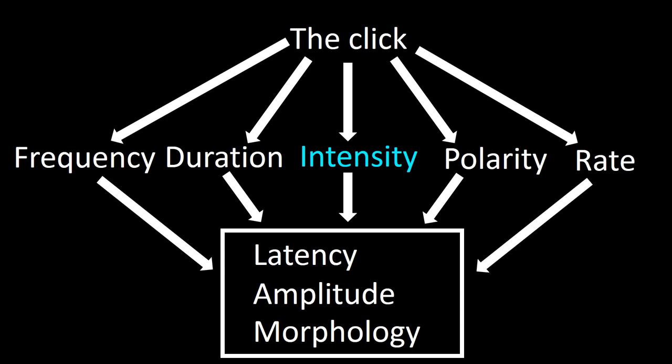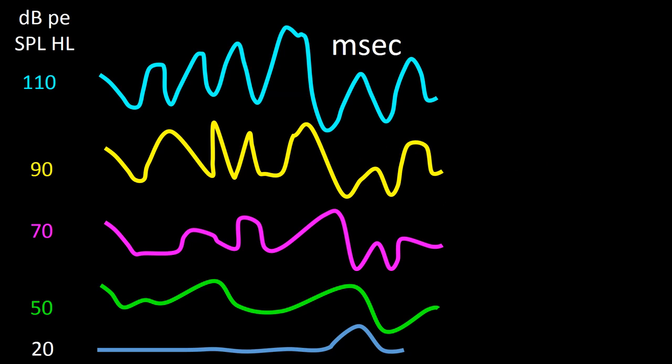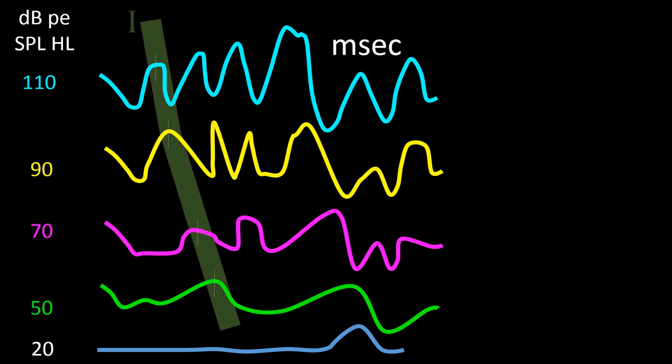Of the click elements that influence the waveform, intensity is one of the most manipulated ones. This figure shows a cartoonish representation of brainstem auditory evoked responses with only one variable, intensity. Now I have traced wave 1 using stimuli from 110 dB hearing level to 50 dB hearing level.